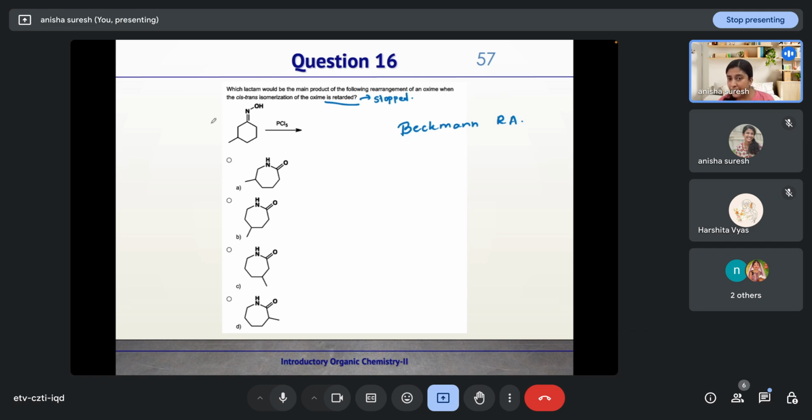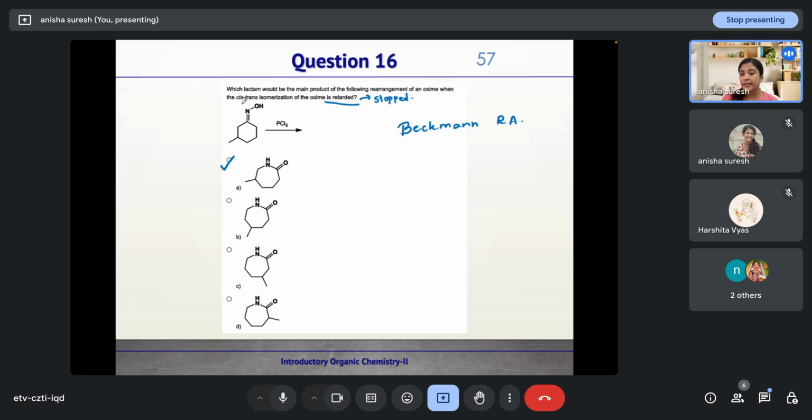No, the answer will be A. So you try to work out the mechanism first, then it will be clear. Since this is the oxime, the group that is trans to the oxime will be migrating. Always the group that will be trans to the oxime will be migrating in the case of Beckmann rearrangement.